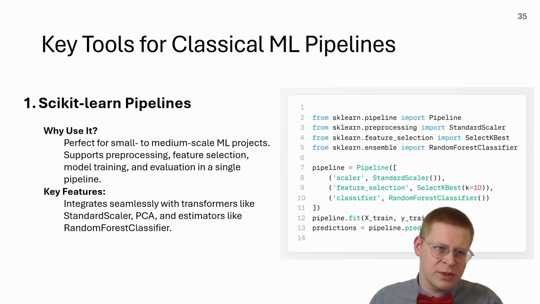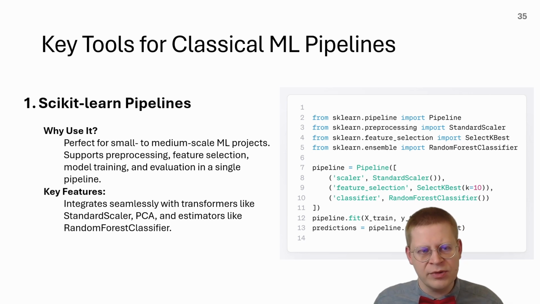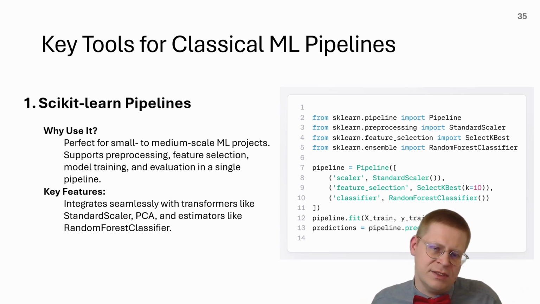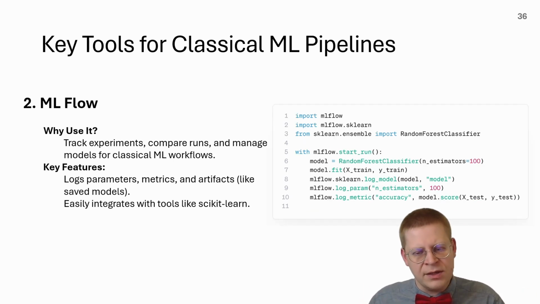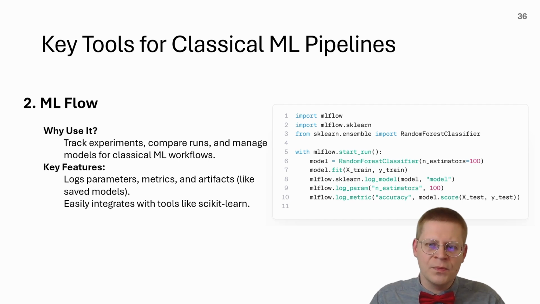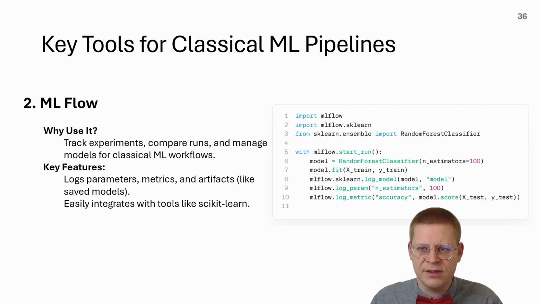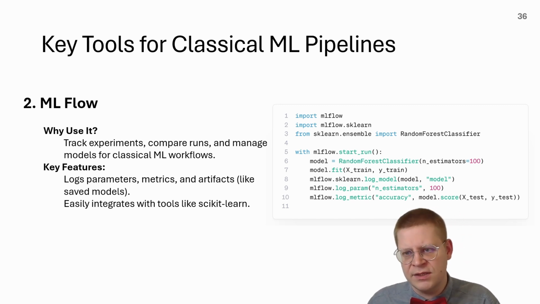Scikit-learn pipelines are one of the key tools for classical machine learning pipelines, and we have already reviewed it, so that's just that simple. Another key tool is MLflow, a powerful tool for tracking and managing your machine learning experiments. Instead of manually keeping notes about which hyperparameters or models we tried, MLflow lets us log these details automatically.